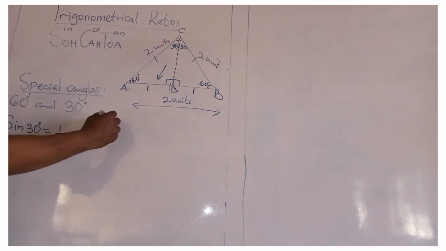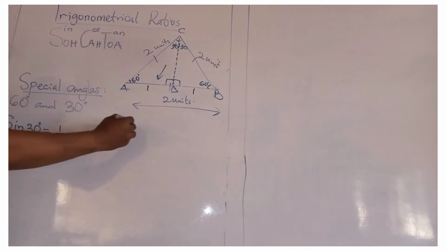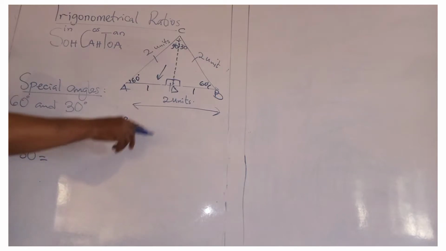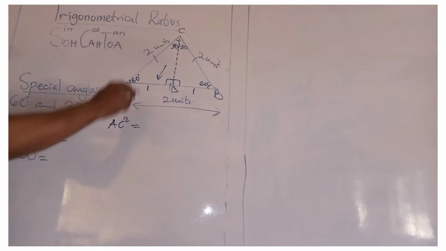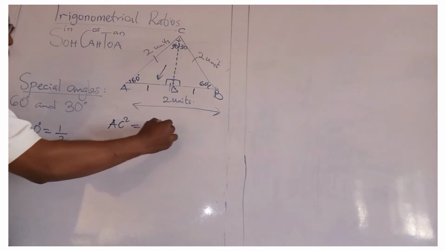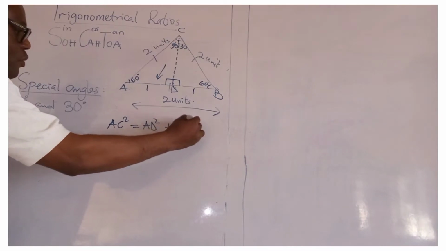The rule states that, by Pythagoras theorem, AC squared, the hypotenuse squared, equals the sum of the opposite squared, which is AD squared, plus CD squared.